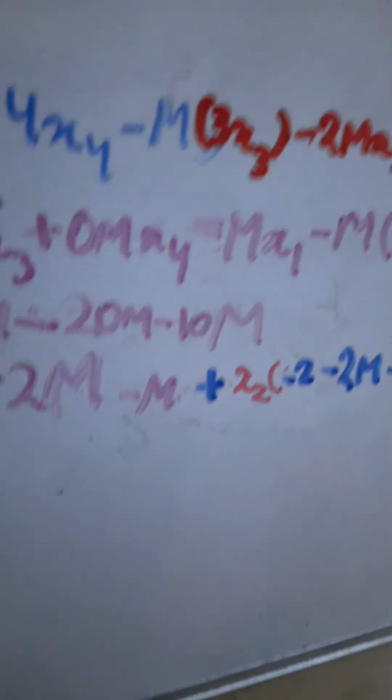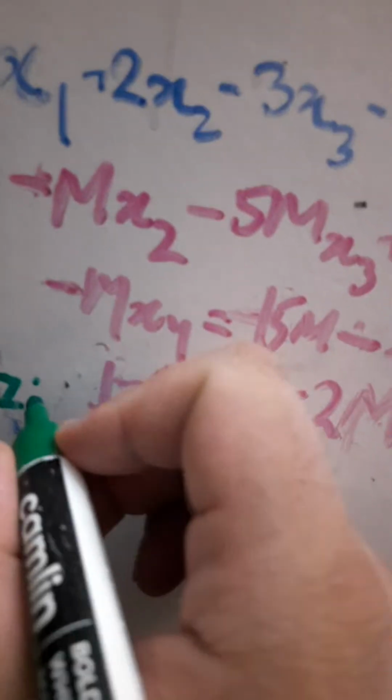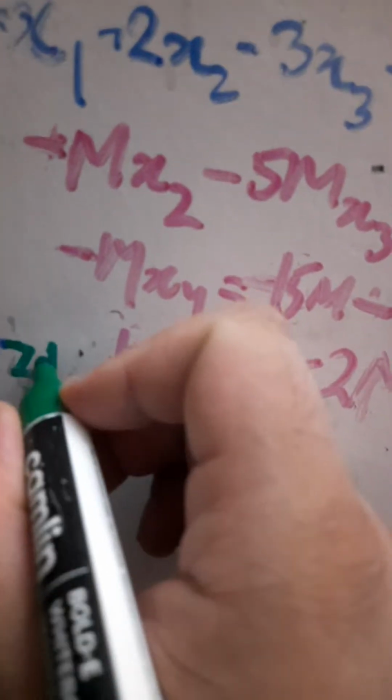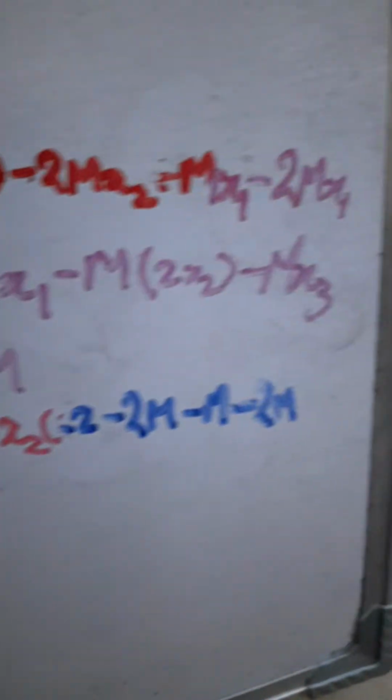This is more cooked. Only have this as last resort, so it might not be visible, but at least it has some ink. Z, I hope it is visible. Z plus x1 whole bracket minus 1, okay, minus 1 minus m 2m, okay, you got it right.